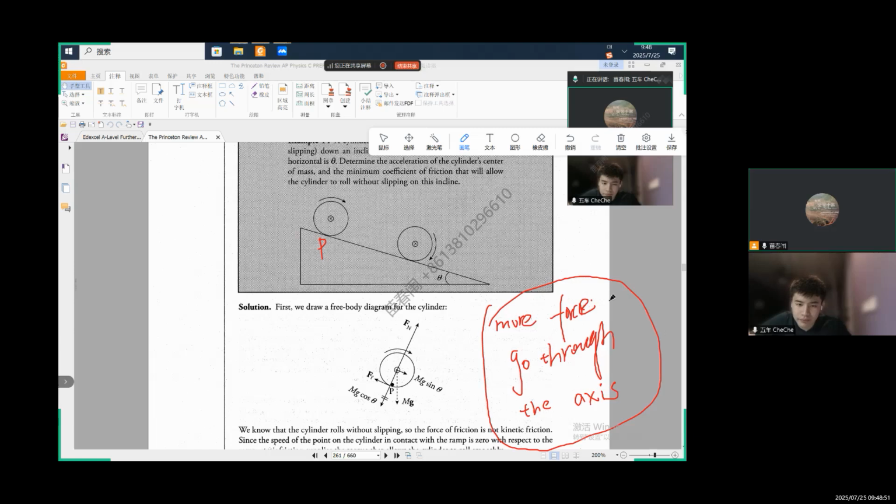We don't know some forces, such as friction. And the normal force we also don't really know by the first question.